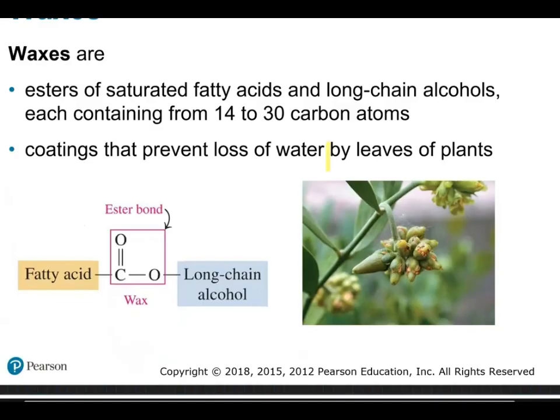So what are they structurally? Those are esters of fatty acids. So there is a saturated fatty acid that forms an ester bond with a long chain alcohol. Does that make sense to you?